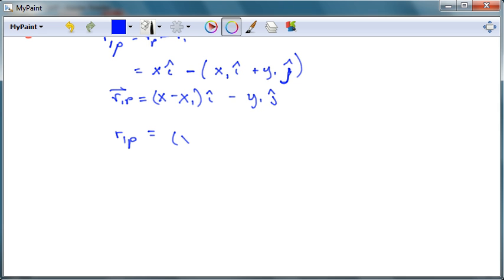That's going to be the square root of x minus x1 squared plus minus y1 squared. Pure substitution into our unwritten formula for the magnitude of a vector.